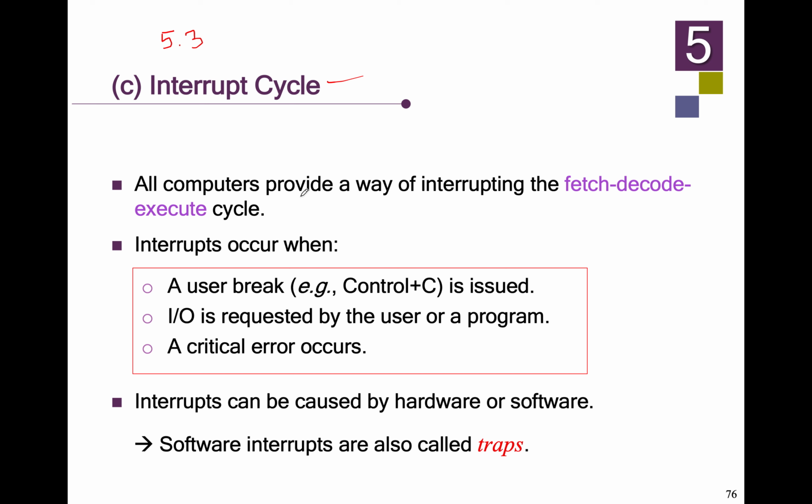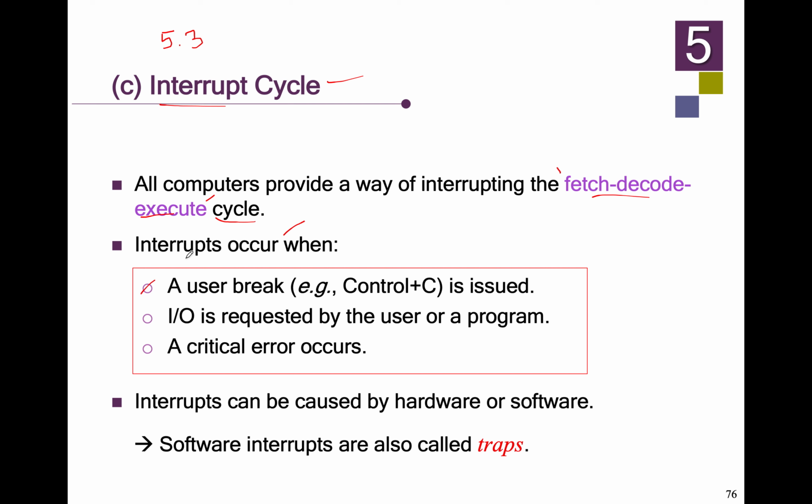All computers provide a way of interrupting the fetch, decode, execute. So normally, this is the normal cycle. Last time, you learned fetch, execute, and sometimes you need to enable the interrupt and complete one cycle. An interrupt can occur under 3 conditions.